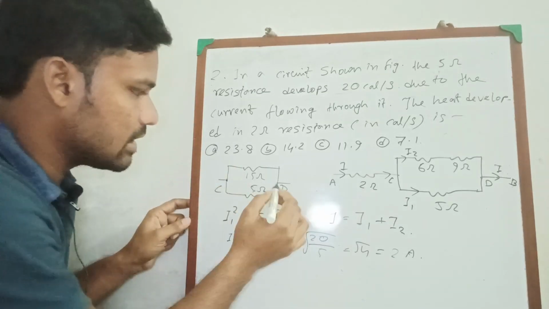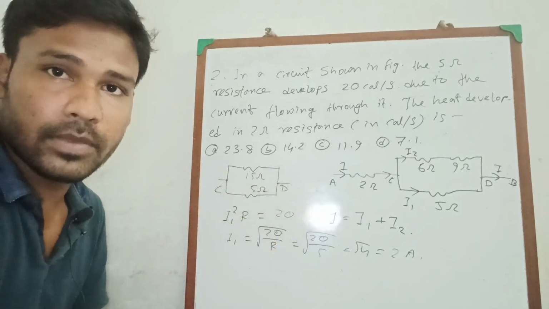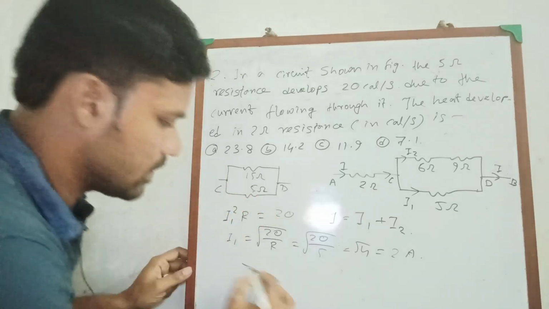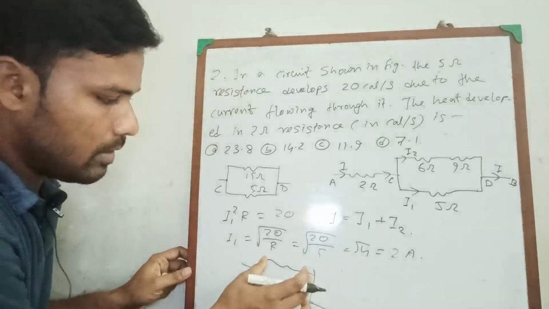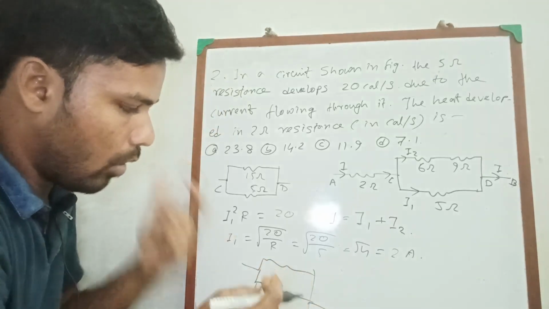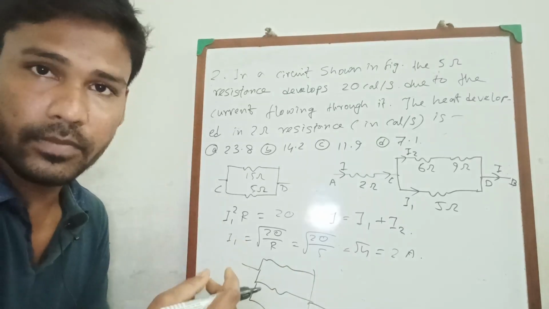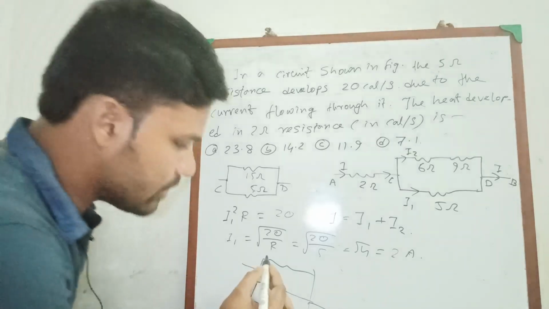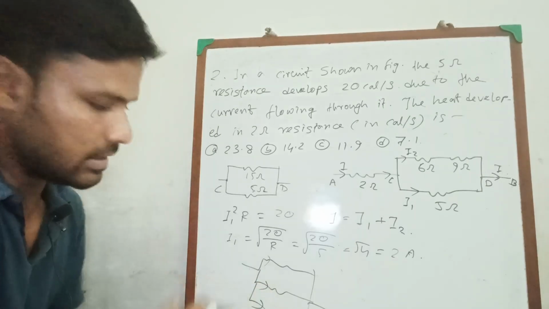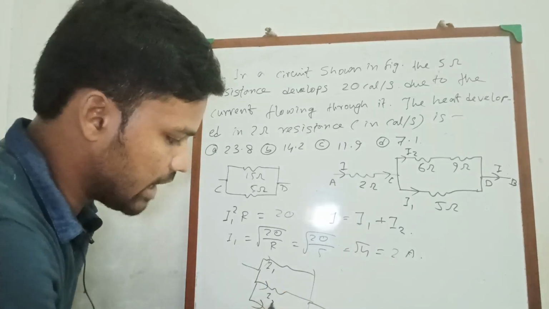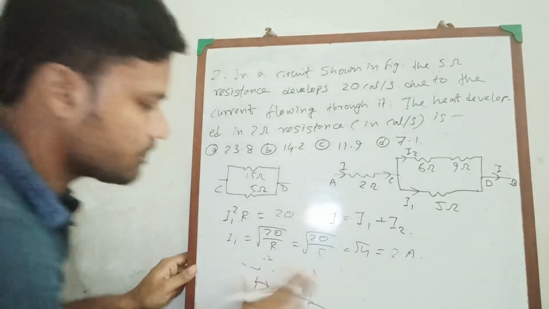That means the voltage across 15 and 5 must be the same, because they are in parallel. In parallel, however many resistances you put, the voltage across them is the same. In parallel the current is branching, so the currents may not be the same, suppose this is I1, this is I2, this is I3, but the voltage across them must be the same.